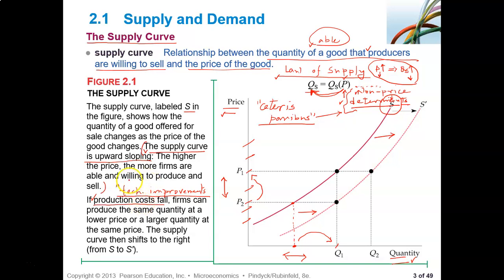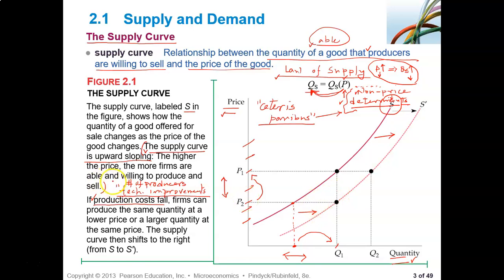Or consider the number of producers, another factor that affects supply besides price. If the number of producers in the market increases, what happens? For every price, the new producers' supply will be added to the existing producers' supply, so supply will increase.